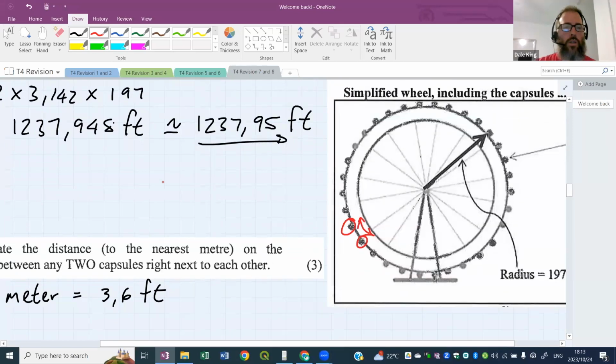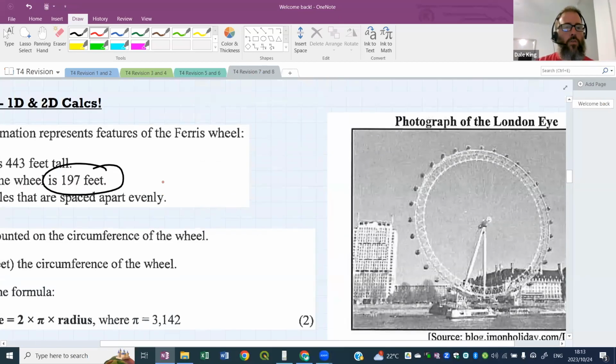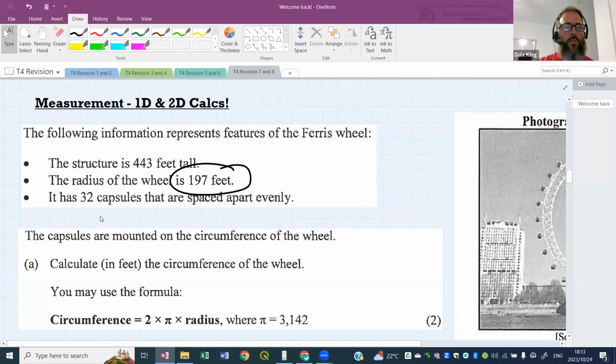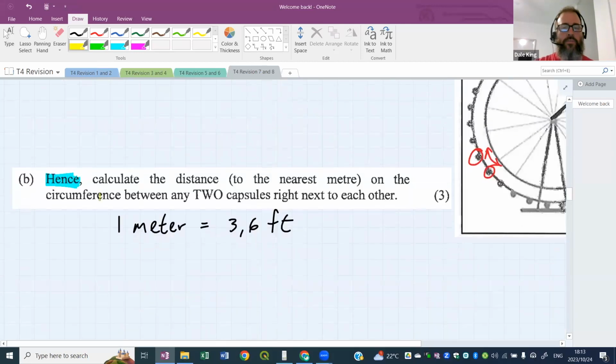What you need to know should be at the top here. Oh, there we go. It has 32 capsules. So the circumference has 32 capsules. I'm going to bring that information down here. So there's a conversion, and I'm also going to write there are 32 capsules.